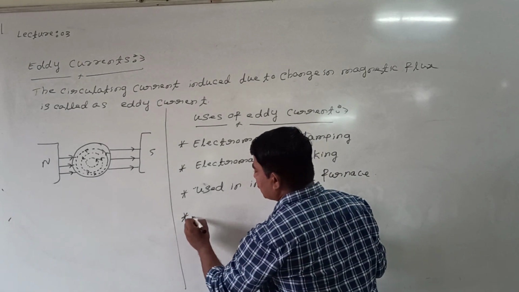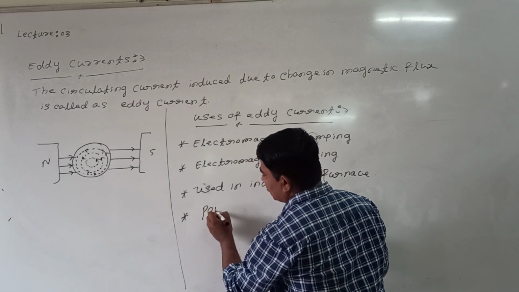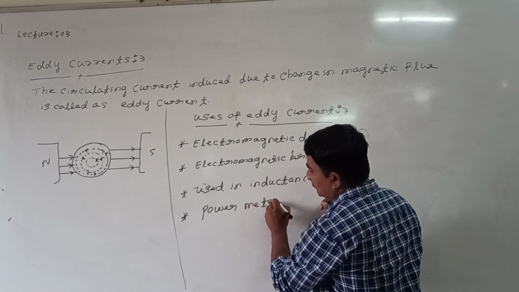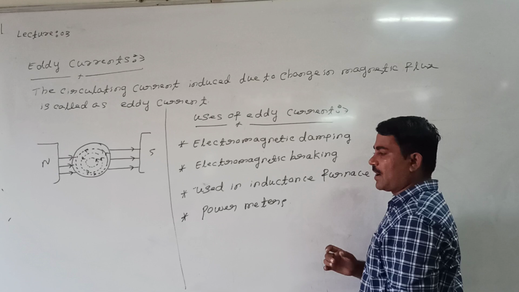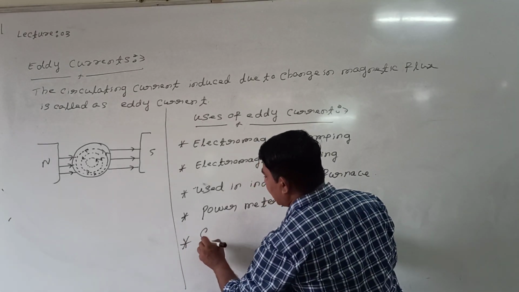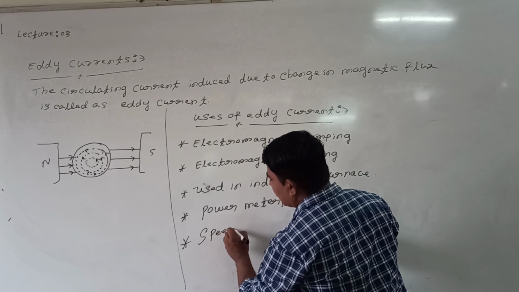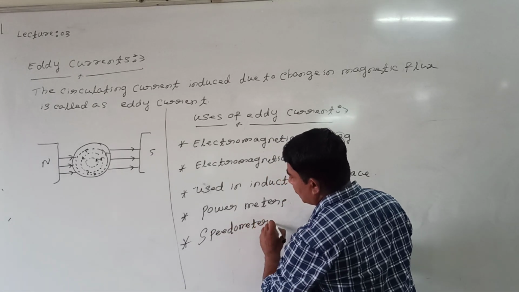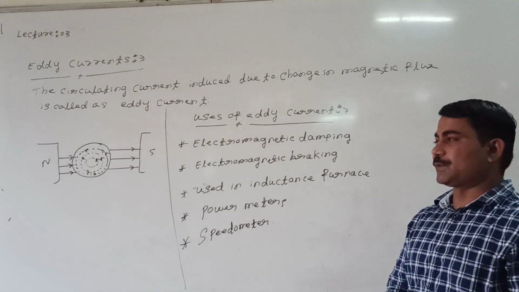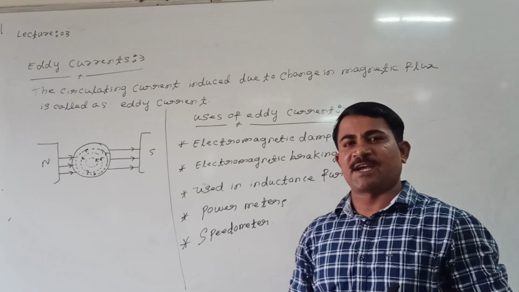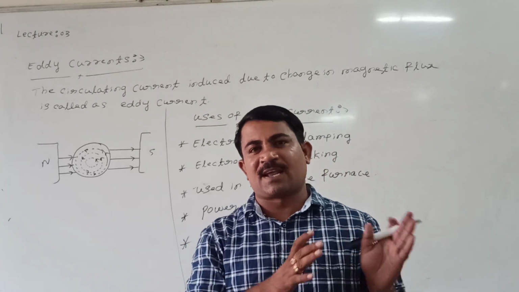Eddy currents are used in power meters. Fourth one, they are also used in the speedometer. So let us explain in detail how eddy currents can be used and how they can be minimized.